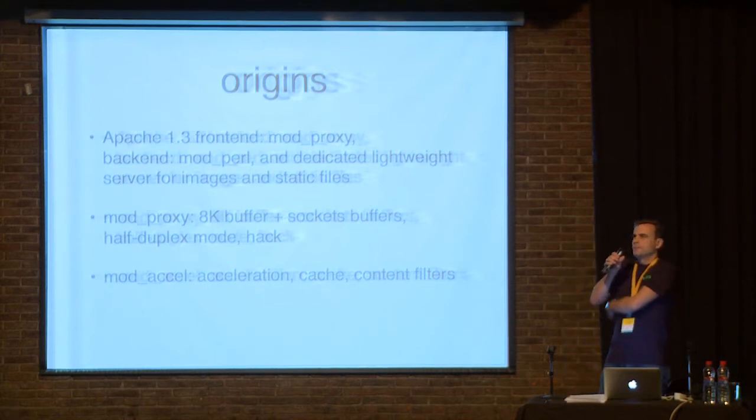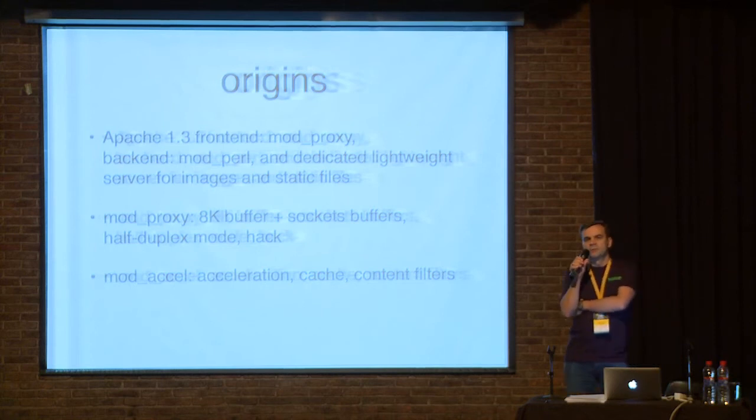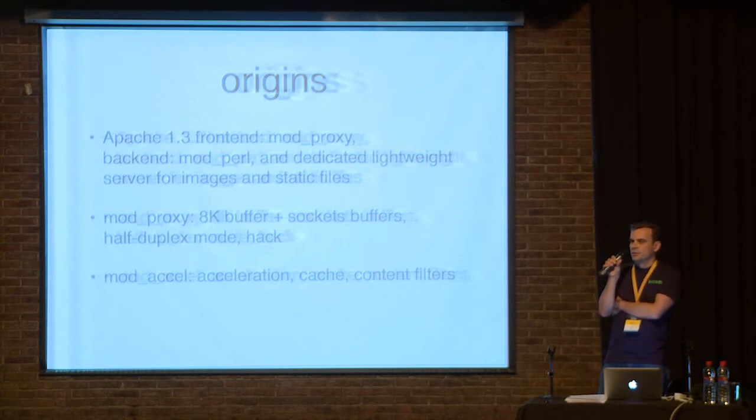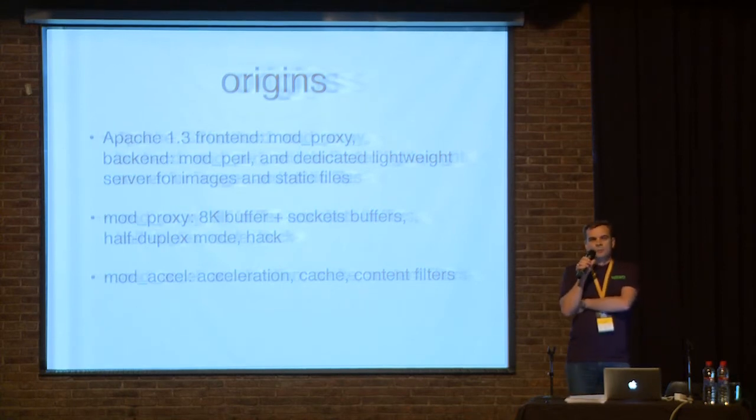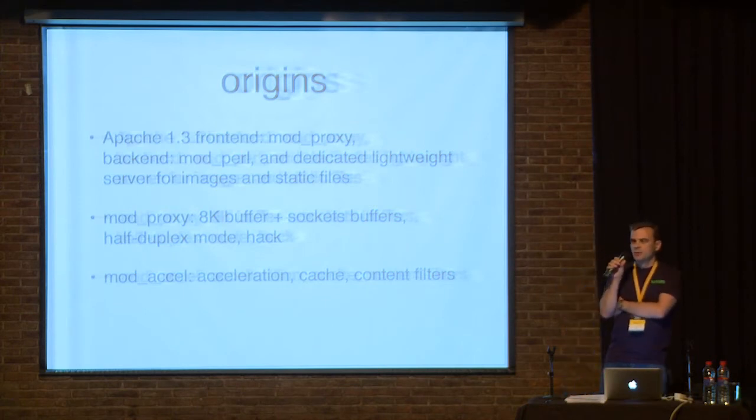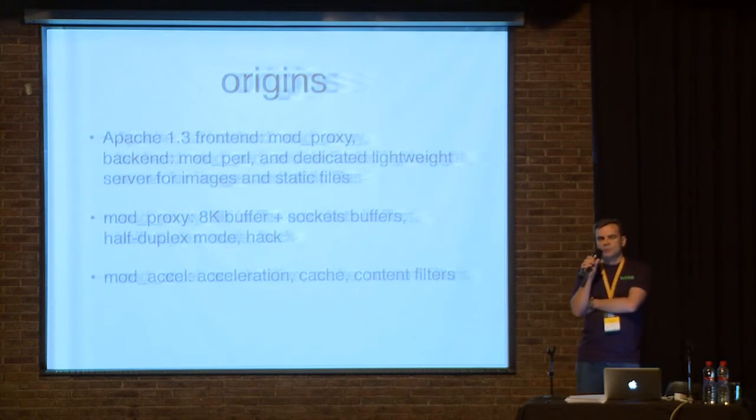Besides, mod_proxy runs in some kind of half-duplex mode. When it reads a response synchronously from the backend, it cannot send anything to a client. Mod_proxy used a very different API. It was not similar to other Apache modules, so it was rather a hack.